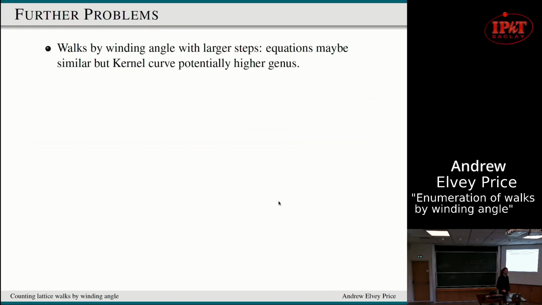So finally, further problems. There are a few other problems we could ask. What about if we add in larger steps? Because all of this was only considering walks where the steps could only be nearest neighbor or diagonal. But this becomes harder because the curve is no longer genus 1, it now has higher genus.